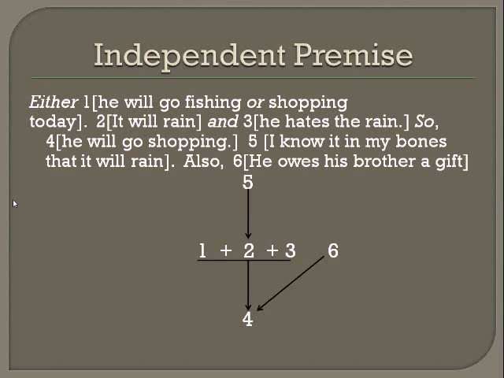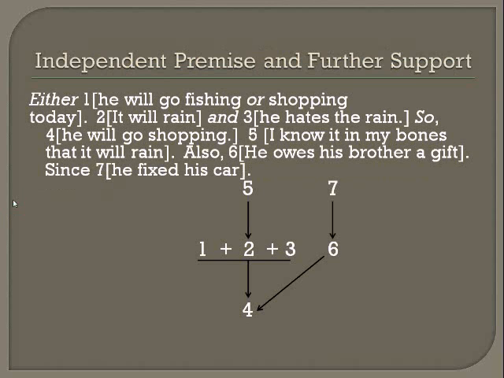We've given a series of reasons why he's going to be doing one of those 2, and so the cluster 1, 2, and 3 and the supporting reason 5 serve as one line of argumentation that leads to the conclusion, and then we have a completely separate line of argumentation that he owes his brother a gift as leading to the conclusion.